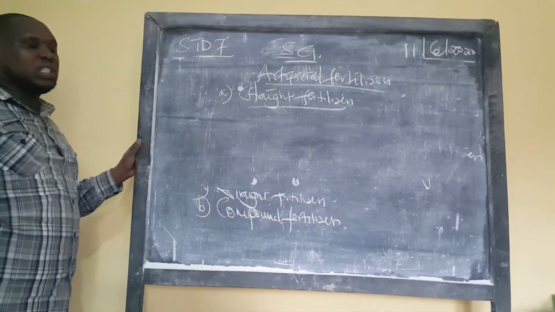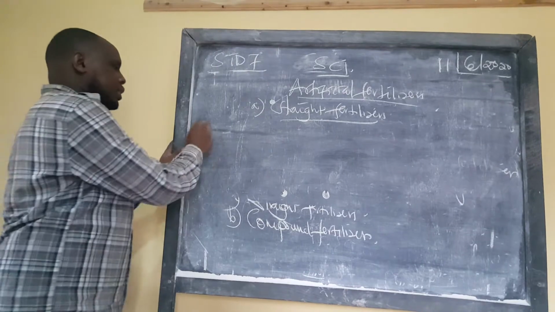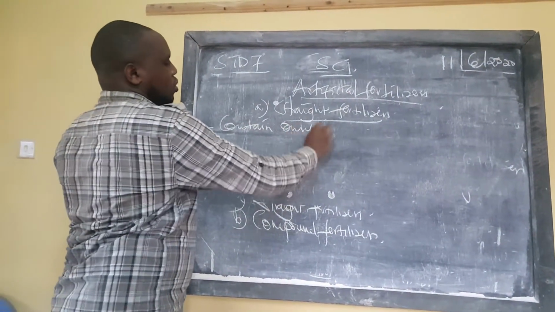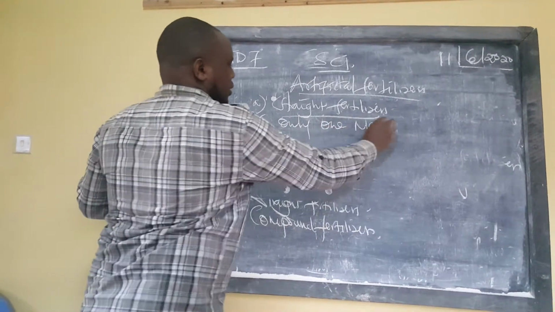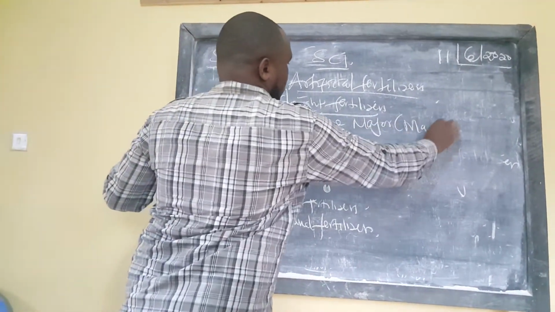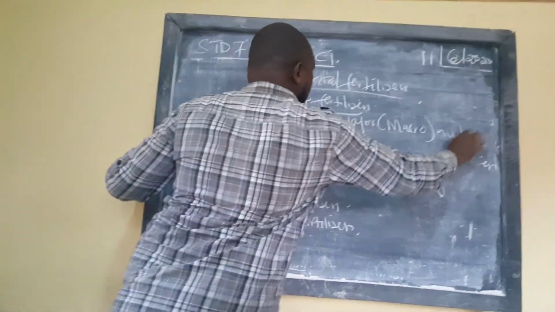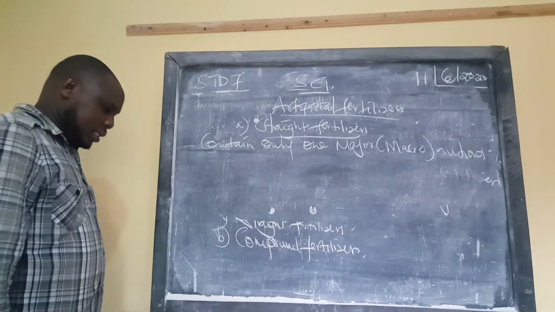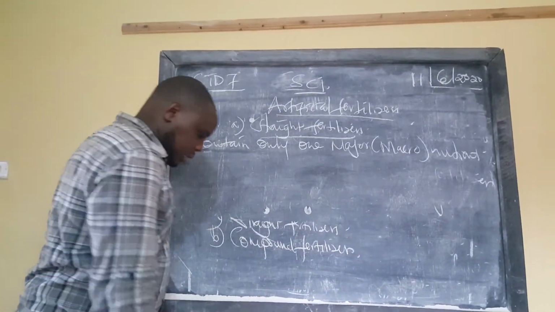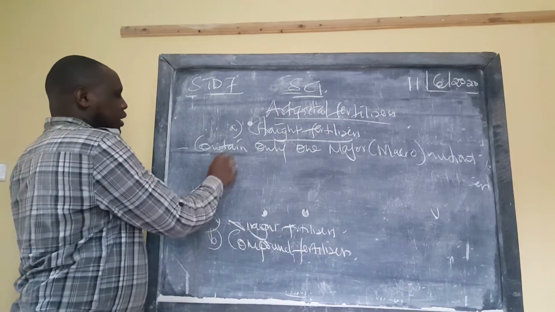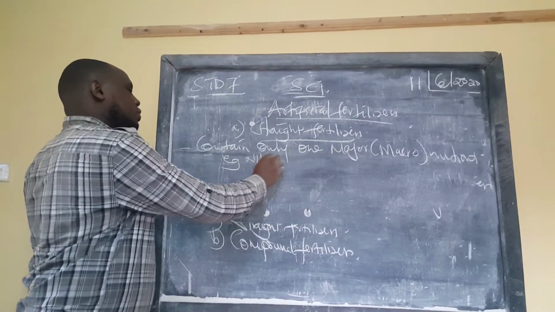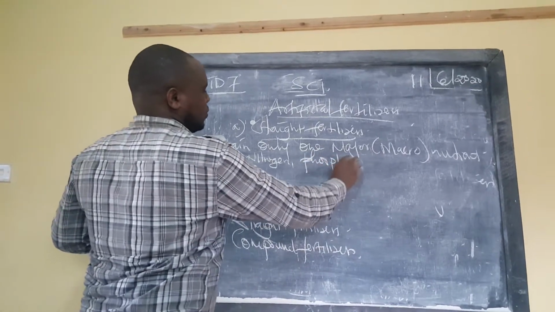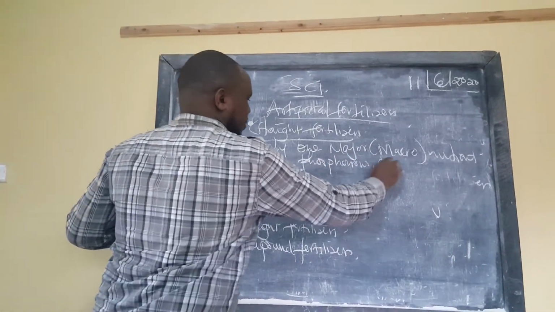Now they are known as straight fertilizers because they contain only one major macronutrient, like e.g. nitrogen, phosphorus, or even potassium.